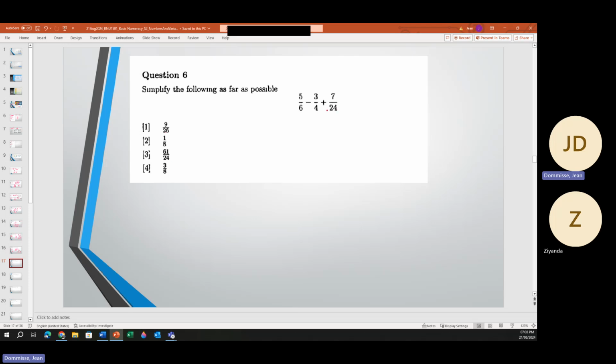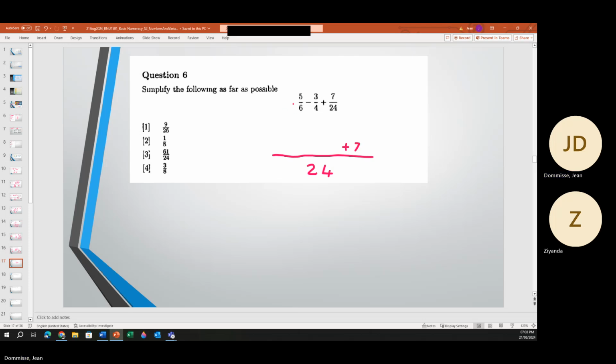What I would do is get everything over the same number. The biggest one is 24, so let's put everything on 24. That last one will just stay 7 over 24. But let's change the 5 over 6 to something over 24, and the minus 3 over 4 to something over 24.